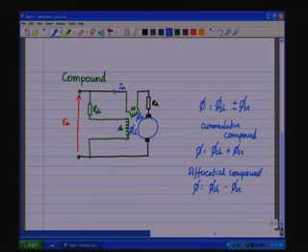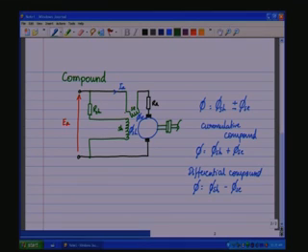Then gradually the motor is picking up speed, you have IA also flowing because of the load. Because of the load, we have the series field contribution also. So, under no load conditions, IA is going to be negligibly small.